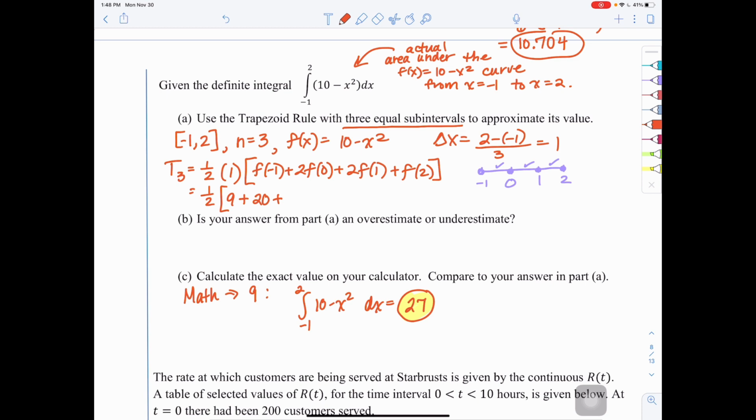So f of 1 is 9, and doubling that, that's 18. Plus f of 2, 10 minus 4 is 6, and we are not doubling that, okay? So now if we add that up, we would get 53, and we're going to be taking half of 53, and that would be approximately 26.5.